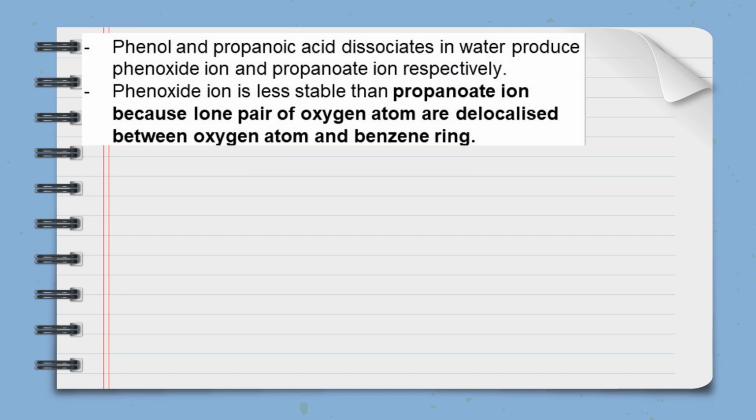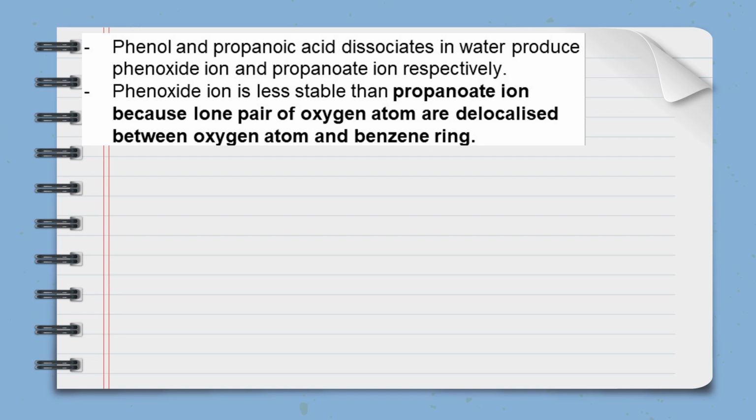Phenol and propanoic acid dissociate in water to produce phenoxide ion and propanoate ion respectively.